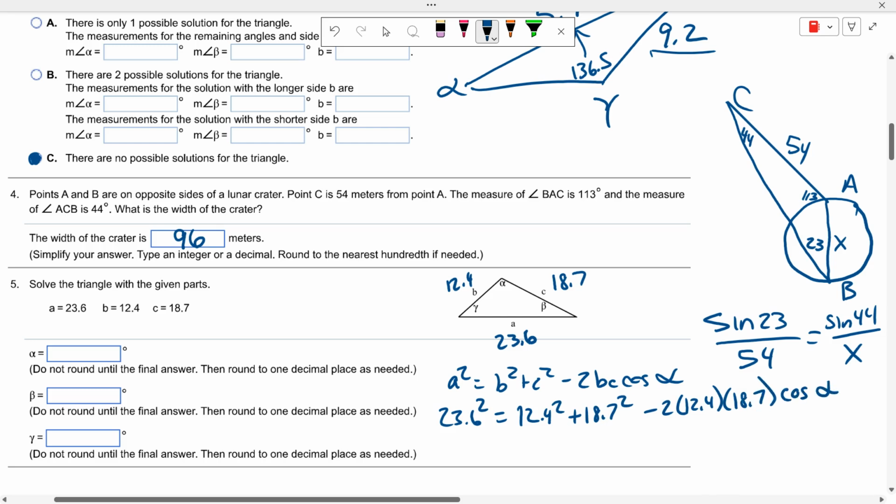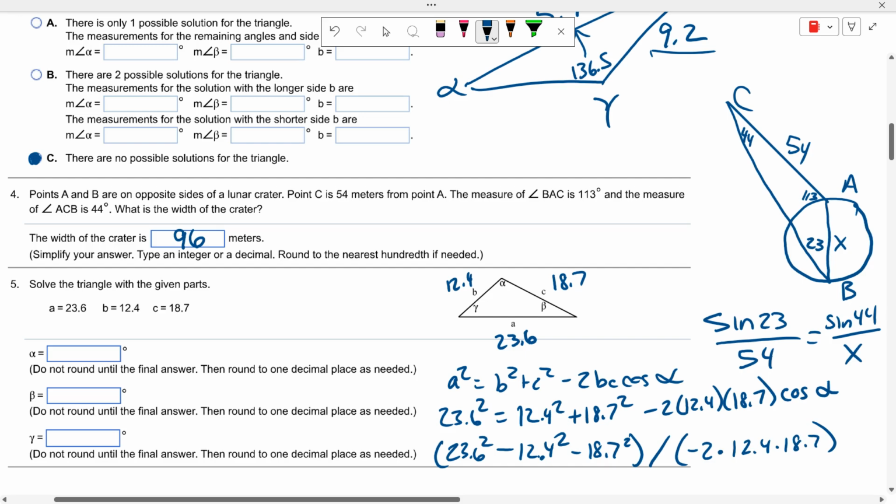If I want to get alpha alone, I take 23.6 squared. So I go on my calculator, I go parenthesis 23.6 squared minus 12.4 squared minus 18.7 squared. And then I divide it by negative 2 times 12.4 times 18.7.